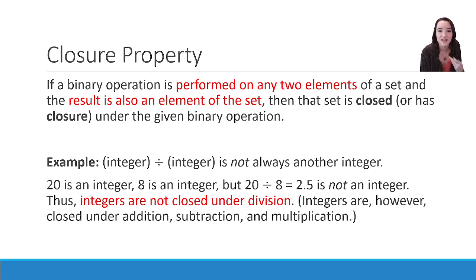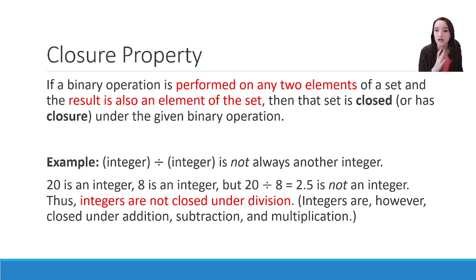So, for example, integer divided by integer is not always an integer, right? So if I take 20 is an integer, 8 is an integer, but 20 divided by 8 is 2.5, and that's not an integer. Thus, we say the integers are not closed under division. However, they are closed under addition, subtraction, and multiplication.